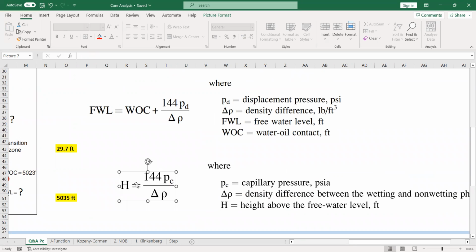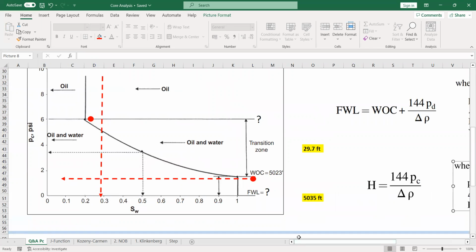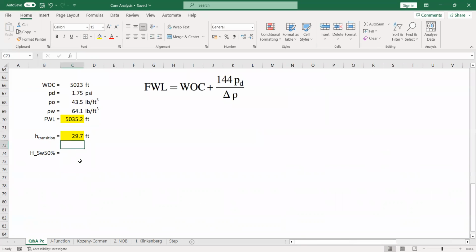So H, the symbol is big H. It's 144 multiplied by the capillary pressure and then divided by the density difference. It's the height above the free water level. So it's very easy. Just use H instead for simplicity.